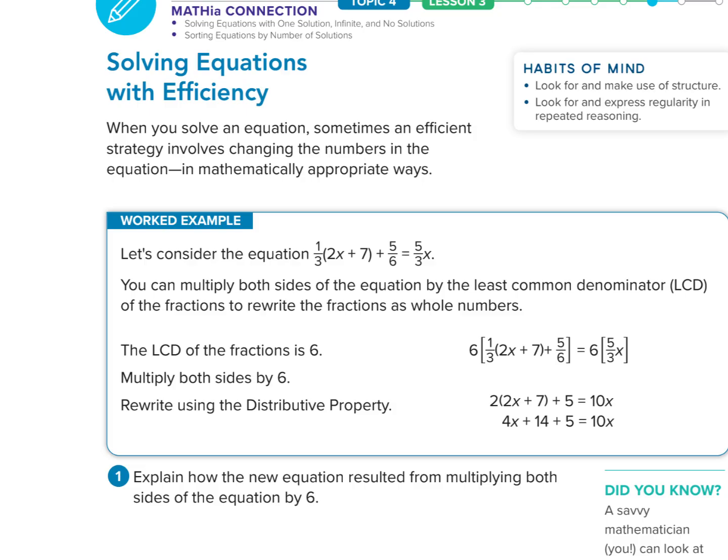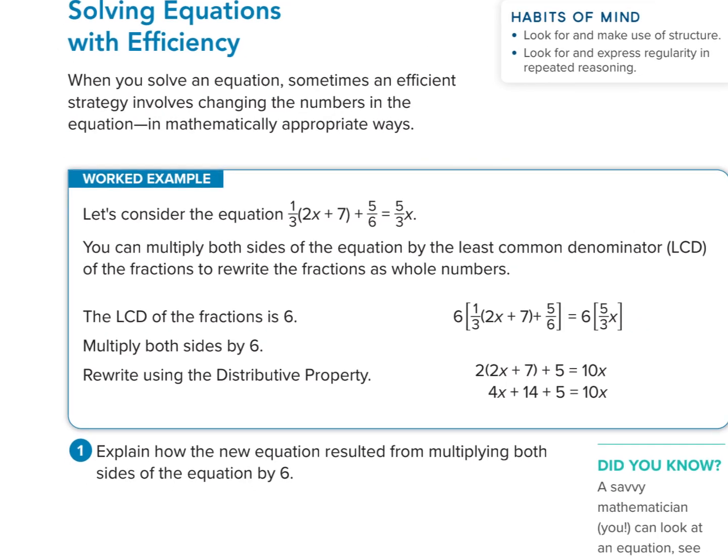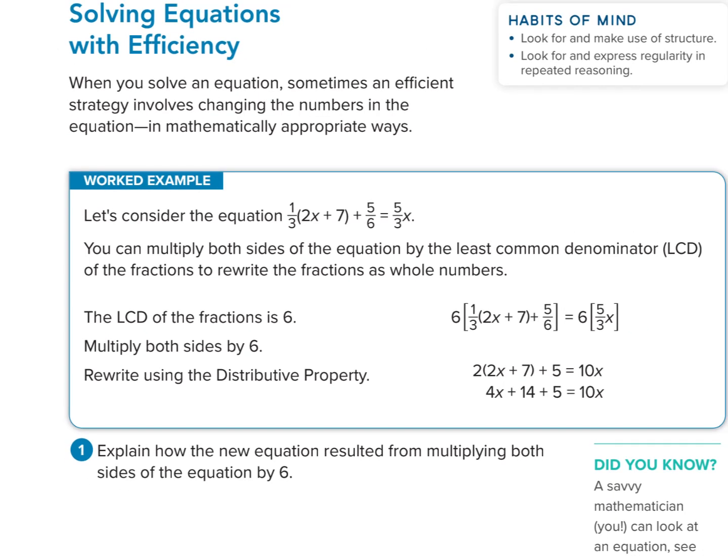So for example, if we were to consider this equation here, it's a little bit jumbled. All the fractions, personally, I don't love. But a little trick for this is you can multiply both sides of your equation by the least common denominator of the fractions to rewrite the fractions as whole numbers.